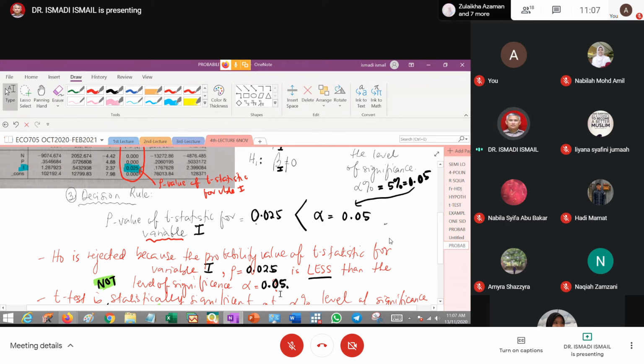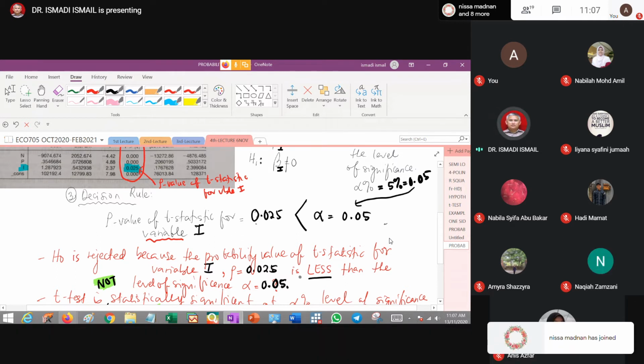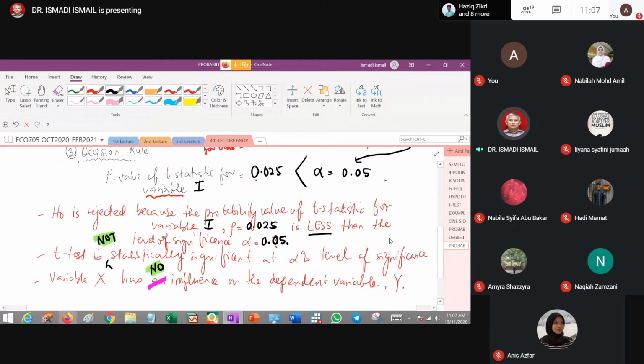H0 is rejected because the probability value of the t statistic for variable I, 0.025, is less than the level of significance alpha 0.05. So H0 is rejected, meaning that the t-test is statistically significant at the 5% level of significance.